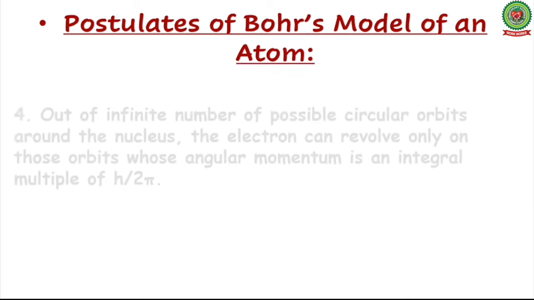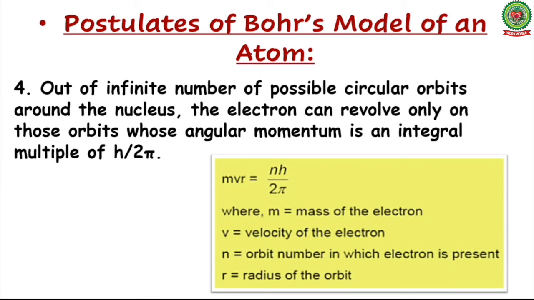The fourth postulate is, out of an infinite number of possible circular orbits around the nucleus, the electron can revolve only in those orbits whose angular momentum is an integral multiple of h by 2 pi.